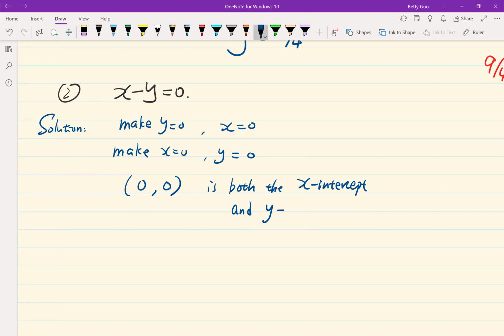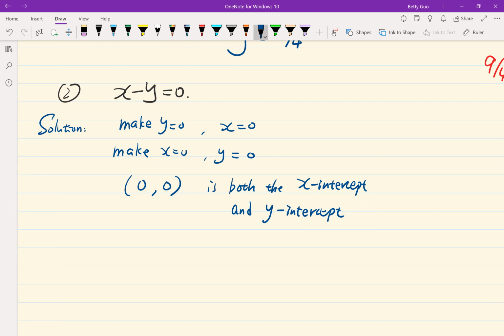This straight line passes through the origin, so both intercepts are the origin 0, 0. And this one's pretty special.